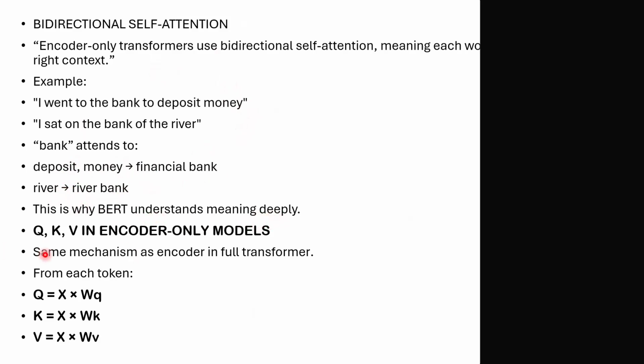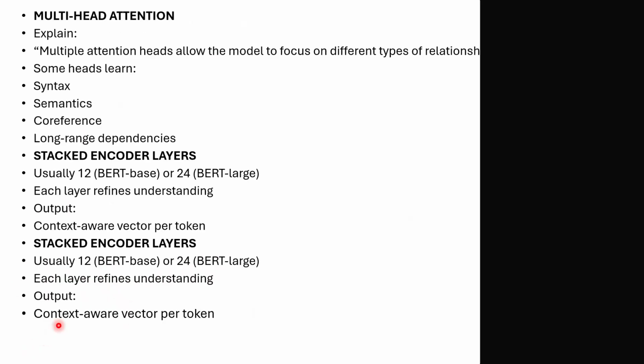So coming to the next step, it's QKV in encoder-only models. It has the same mechanism as the encoder in a full transformer. For each token, we have Q equals X times WQ, K equals X times WK, V equals X times WV. So let's discuss multi-head attention.